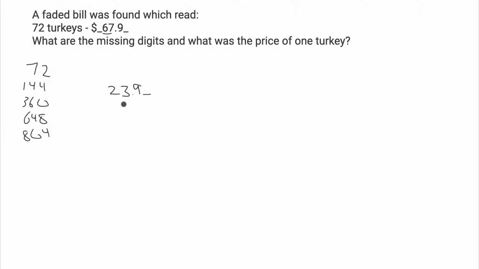For 360, you only need to go up by $7.90 something cents. For 648, from 648 up to 667, you need to go up $19.90 something cents. And for $864, you need to only go up $3.90 something cents.